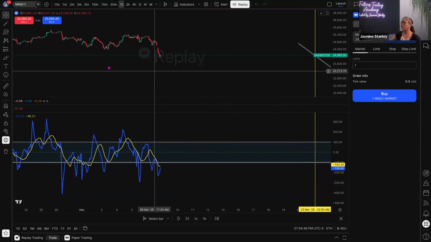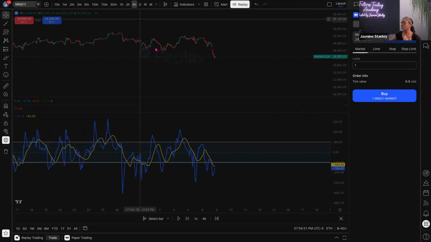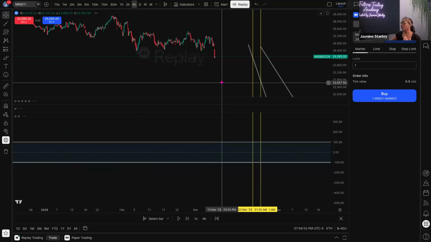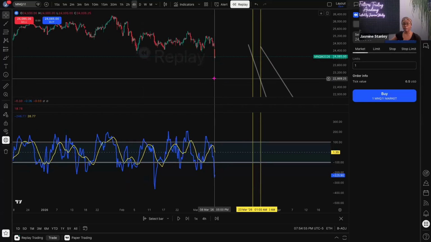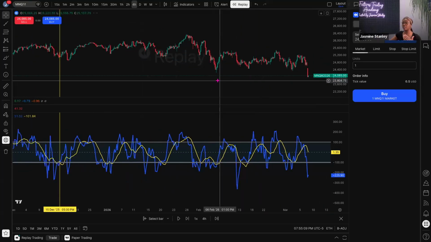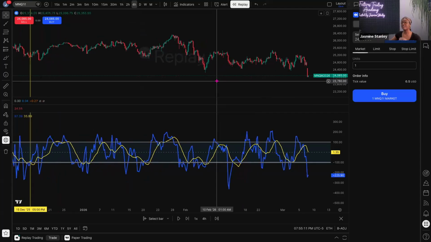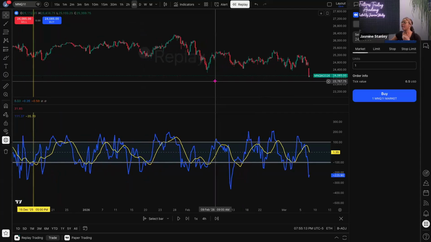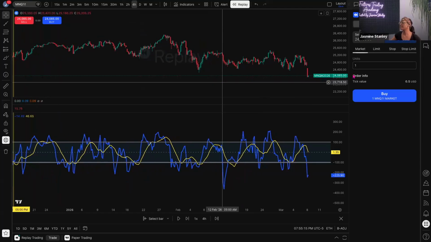Just because it's a 4 hour candle does not mean it will take 4 hours for it to hit a level. I've seen a 4 hour candle hit levels in 2 minutes. It can go from way down here. Like, if I show y'all this one candle, I had never seen a candle like that, and I was in the trade of this candle.